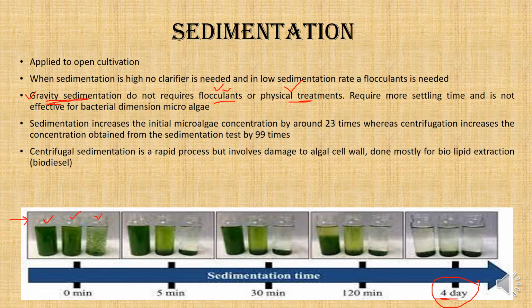And addition of this flocculant or physical treatment like centrifugation, it does increase the concentration of algal biomass, and also reduces the time for separation, but they are not that safe, because the flocculant creates contamination in the algal biomass.